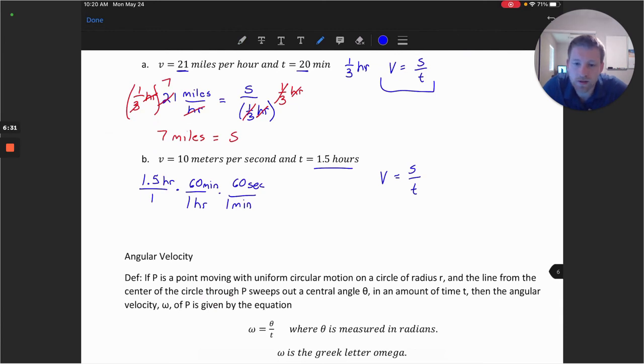And this problem doesn't necessarily specify what speed or time unit it wants to have, so we'll just go with the seconds. If I multiply through with these conversions, the hours will cancel, the minutes will cancel, I'll be left with seconds. If I multiply through with 1.5, 60, and 60, that will give me 5,400 seconds.